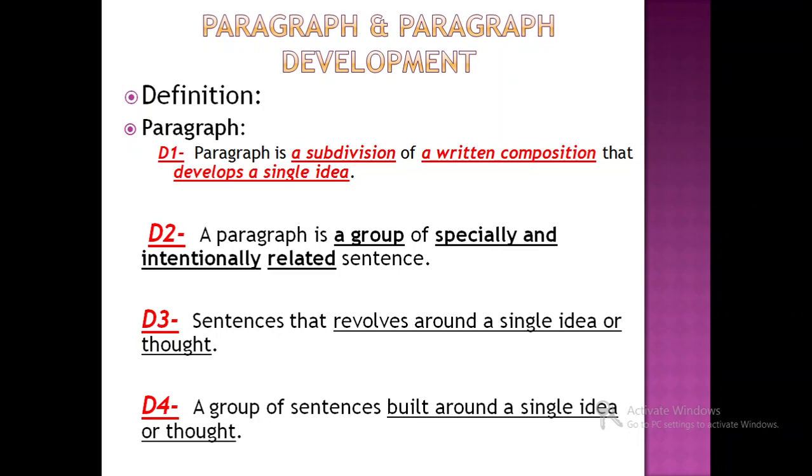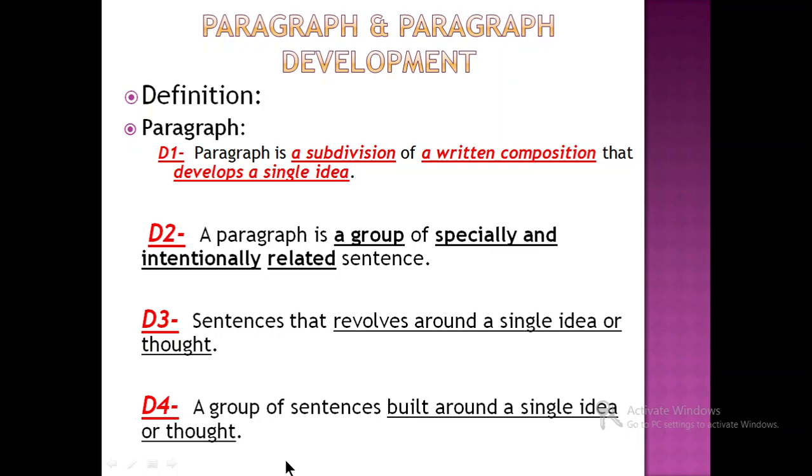The third definition says: sentences that revolve around one single idea and thought. I think this is the first way in which I defined paragraph. Yes or no? A combination of some sentences which revolves around one single idea or thought is called a paragraph. And the last one: a group of sentences built around a single idea or thought.